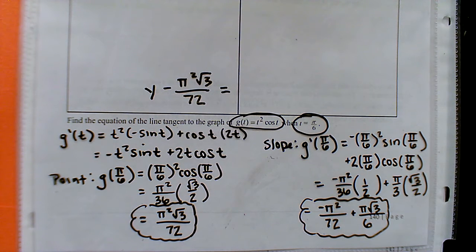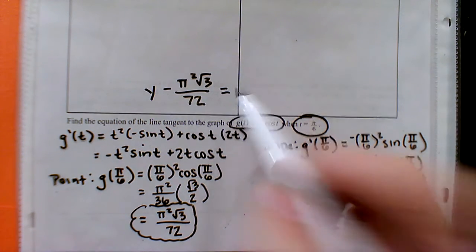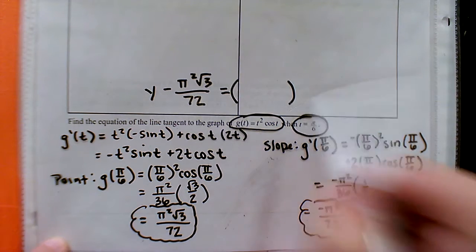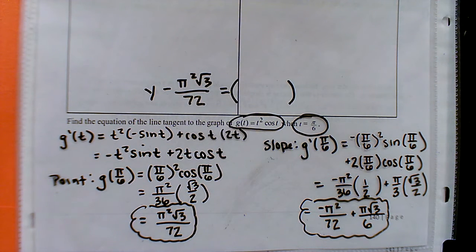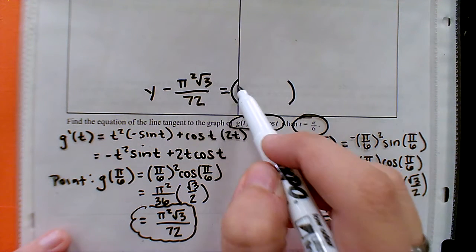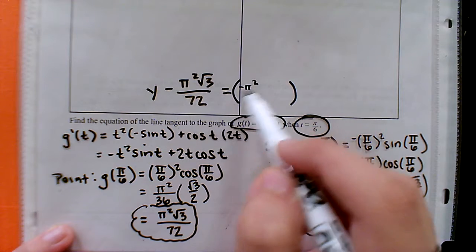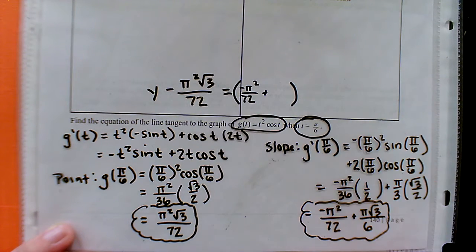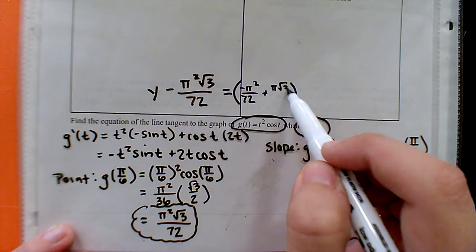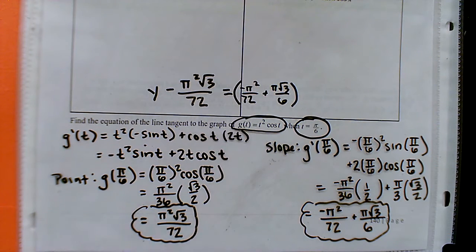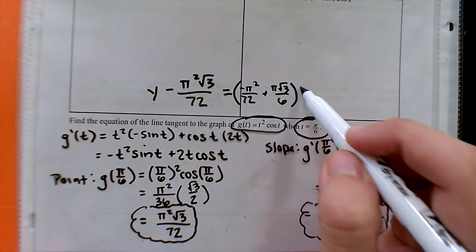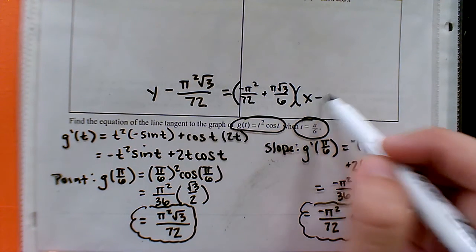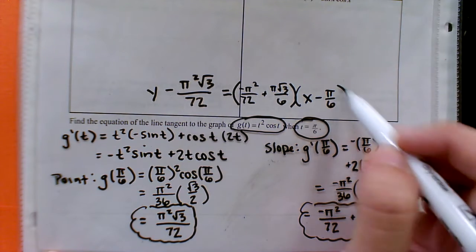Now, if we leave it as the two fractions, we have to make sure that we represent that the slope includes both of those fractions. So we're going to group them in parentheses. Okay, so y minus the point equals the slope times x minus your tangent spot.